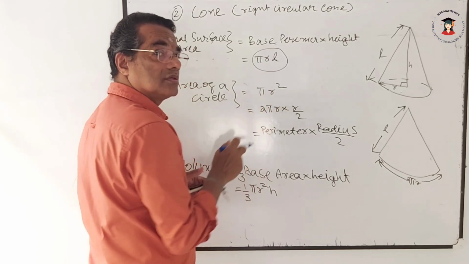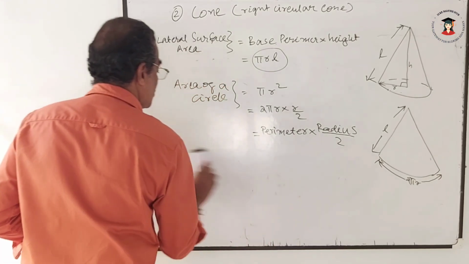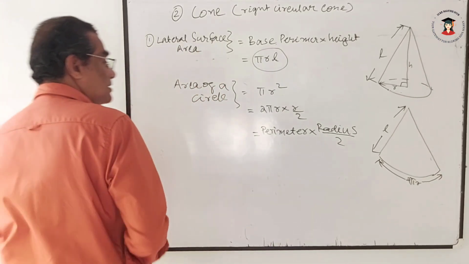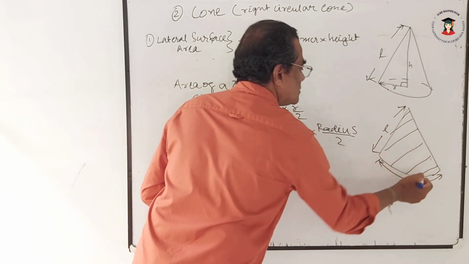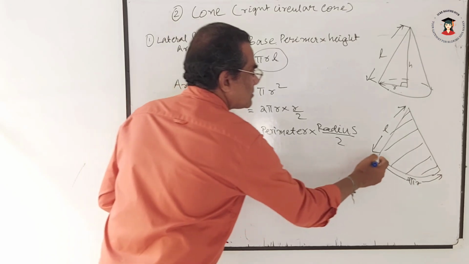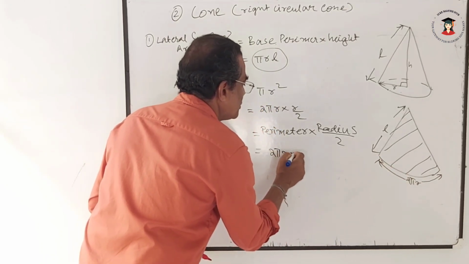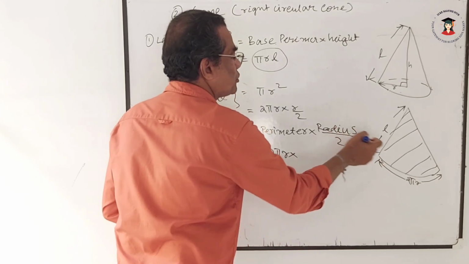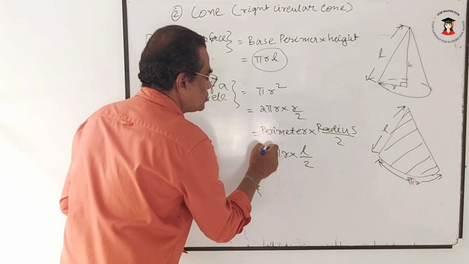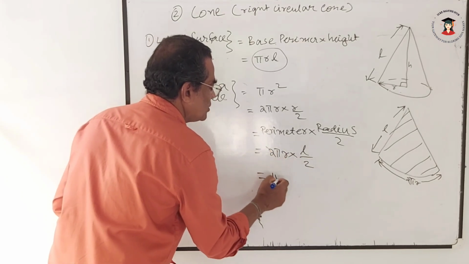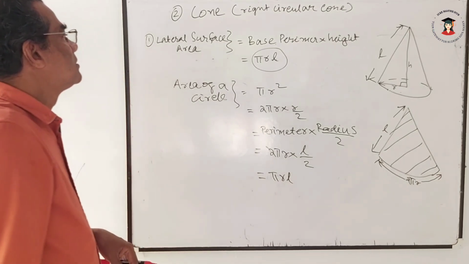So this is okay. This formula I am going to use for finding the area of this sector. That means perimeter here is 2 pi r into radius by 2, that is L by 2. So this 2 and 2 will go. Eventually you will get pi r L.